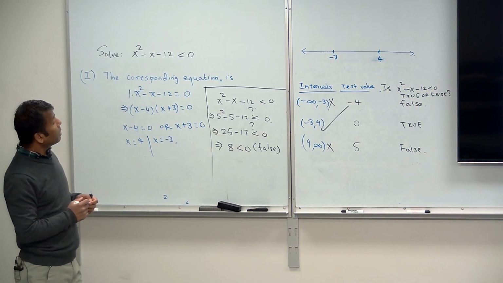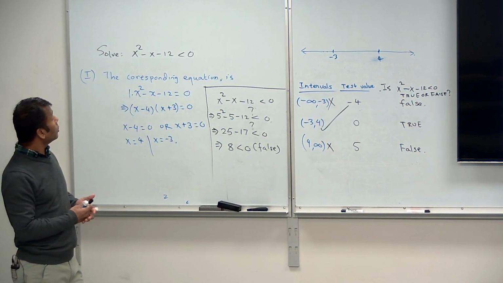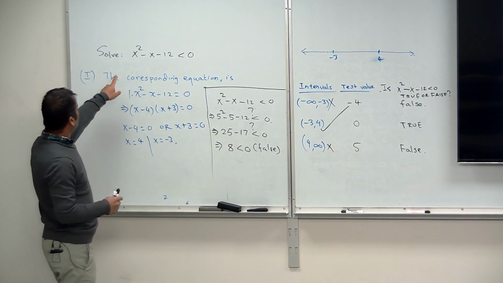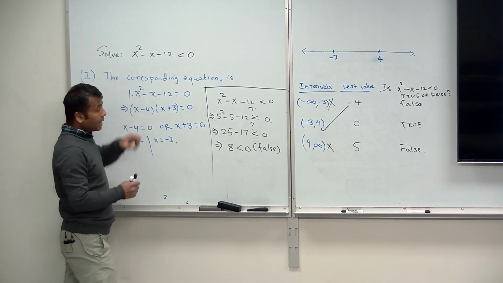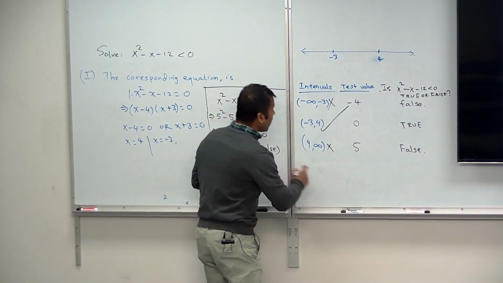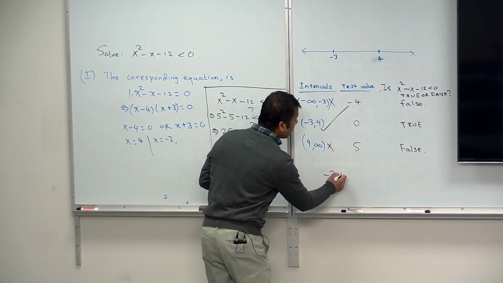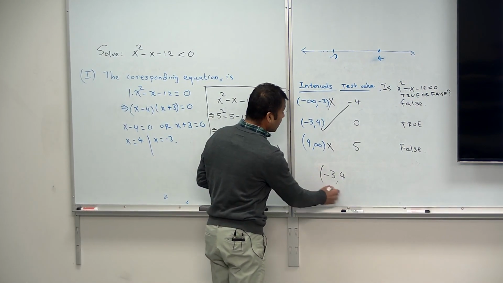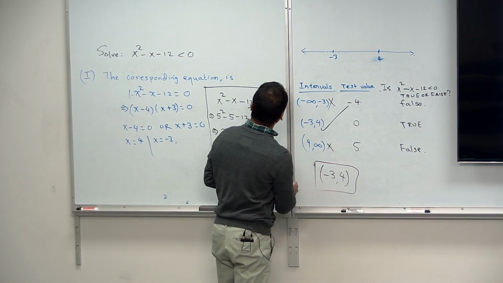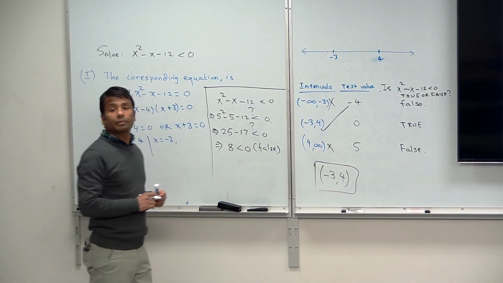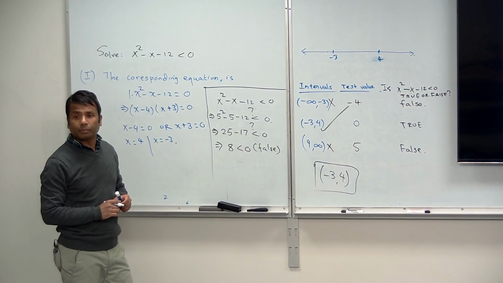So you see the solution set to this inequality is (-3, 4). Does that make sense? So this is the final answer. Are you guys with me?